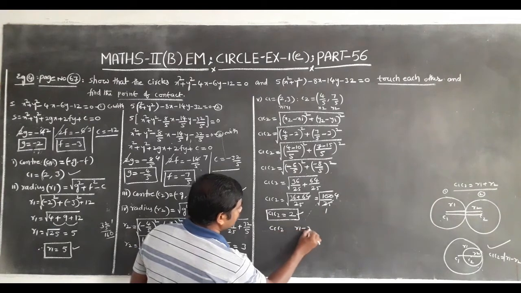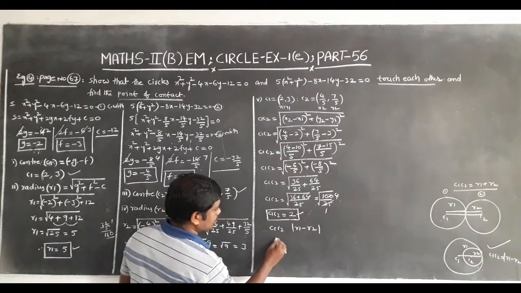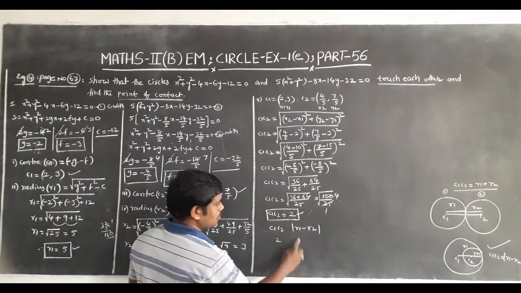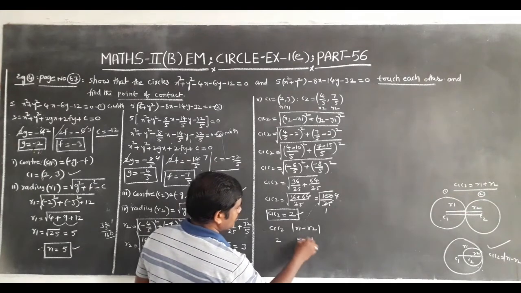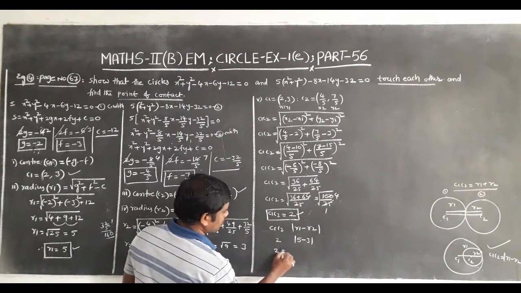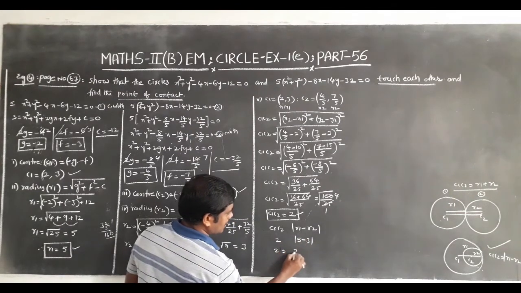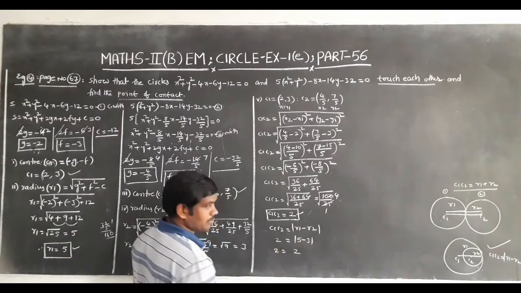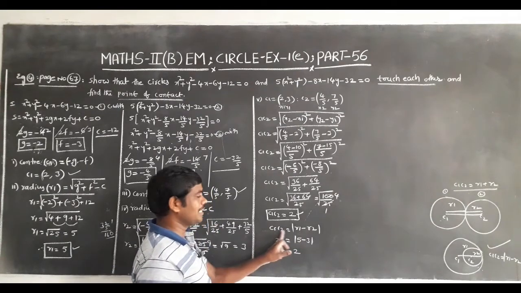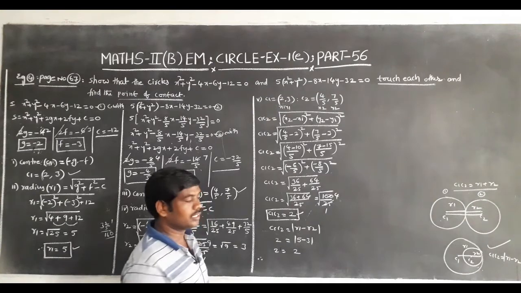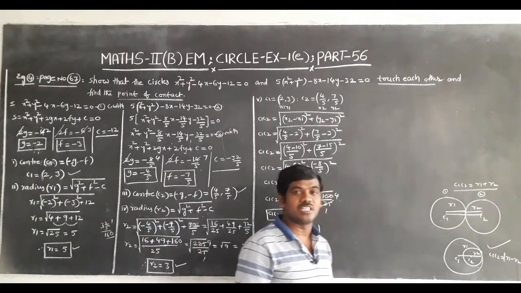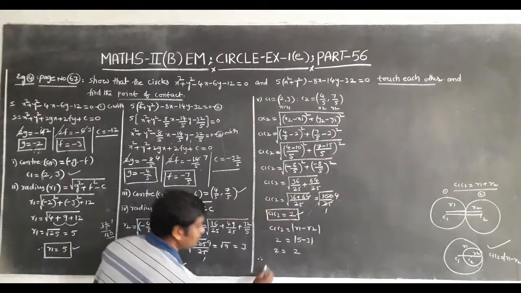So observe clearly C1C2 is equal to R1 minus R2. Therefore the given two circles touch each other internally.